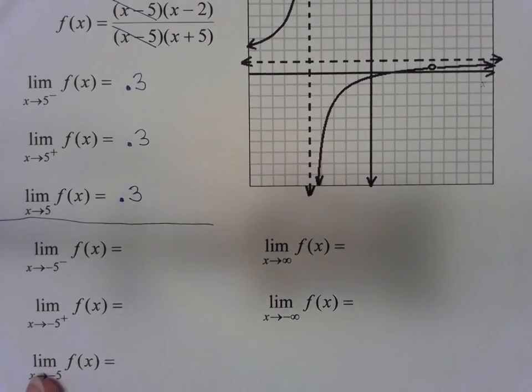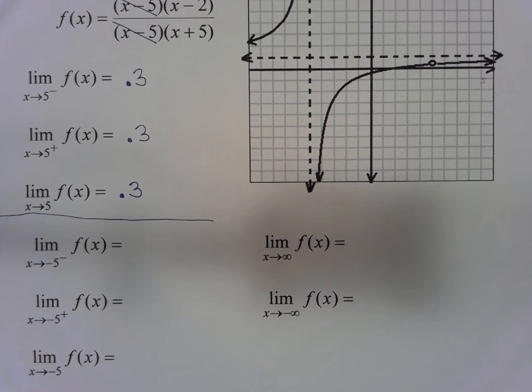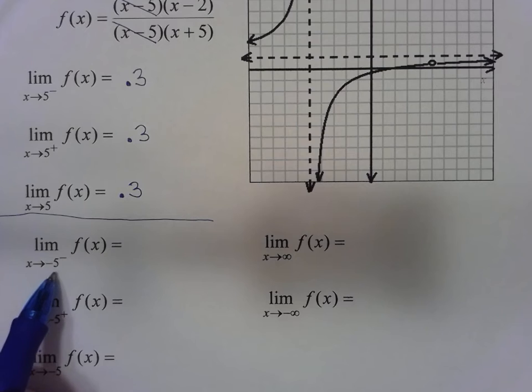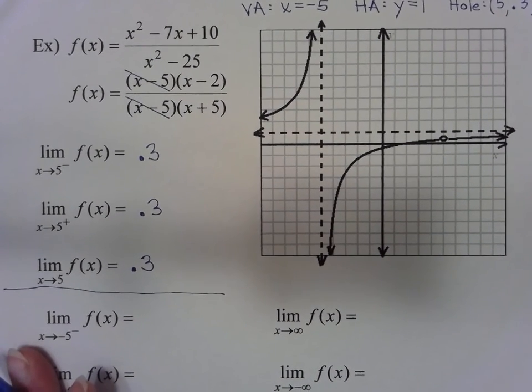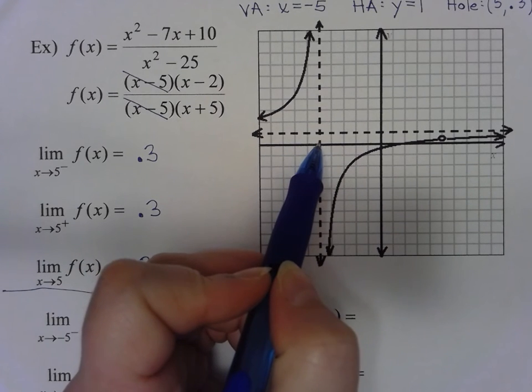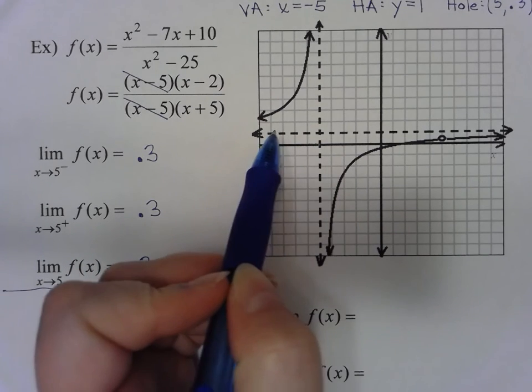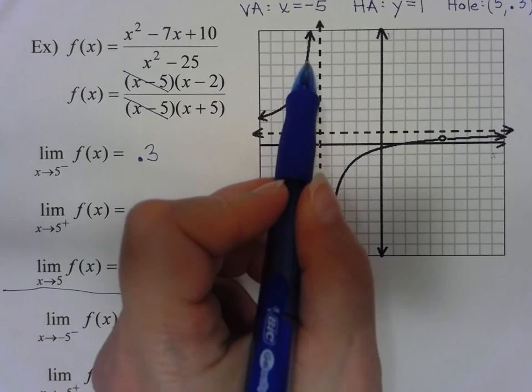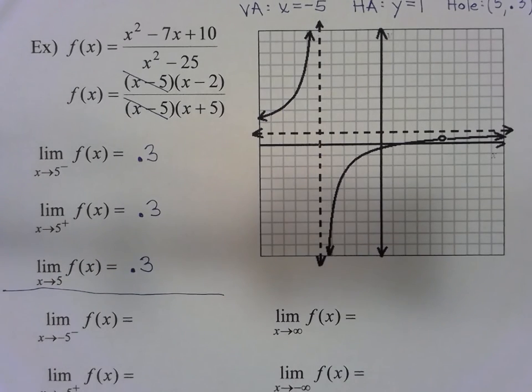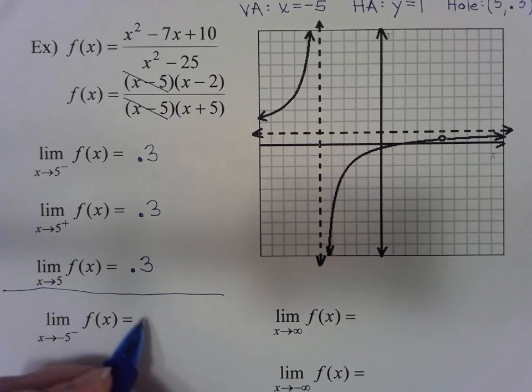All right. The next three: how about the limit as x approaches negative 5 from the left? So here's negative 5. As I approach that from the left, the y value is growing really rapidly and going up to positive infinity.